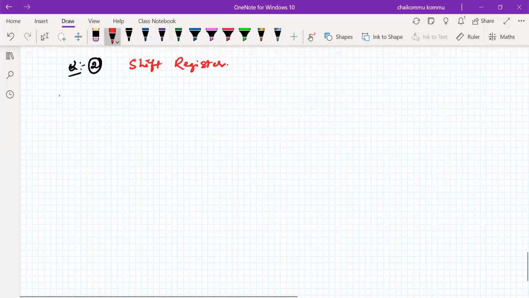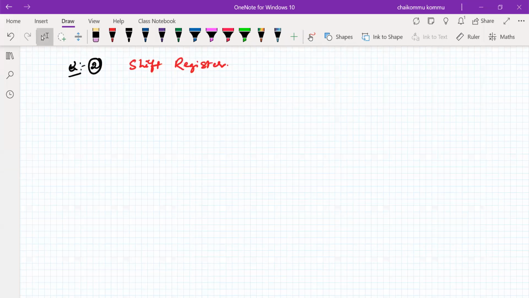How will it look? Let us consider, ring counter is something like this, shift register. Sorry, I'm extremely sorry, shift register.